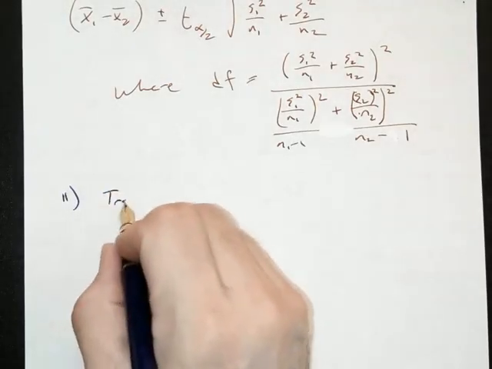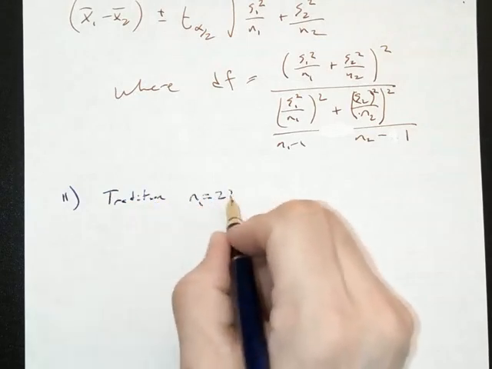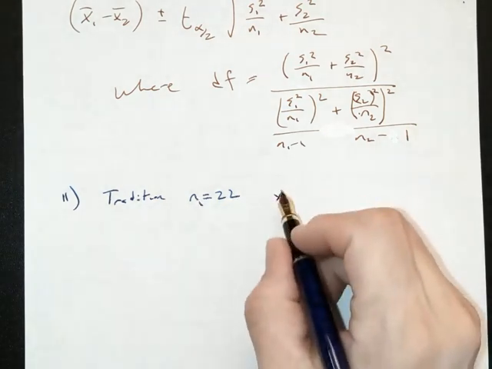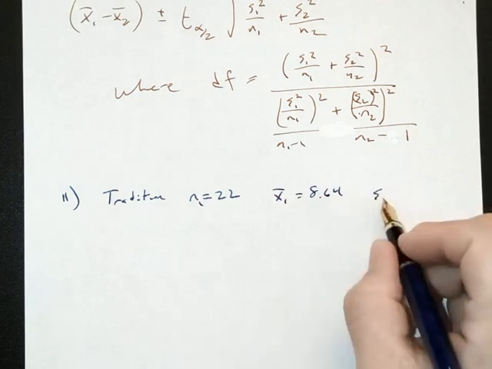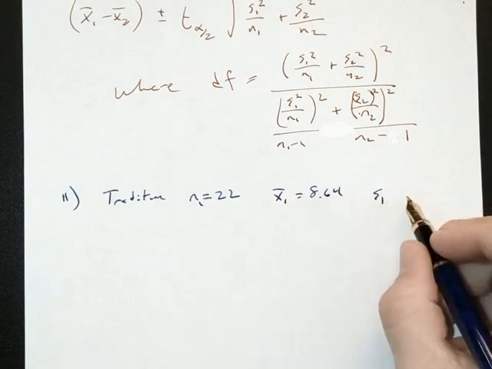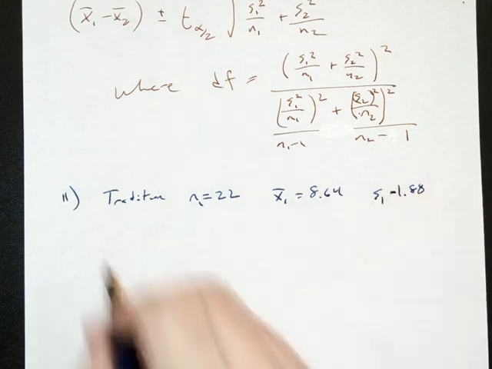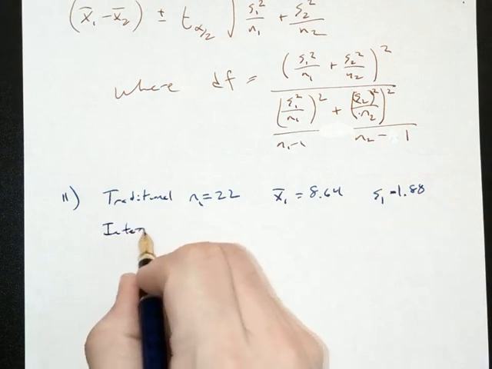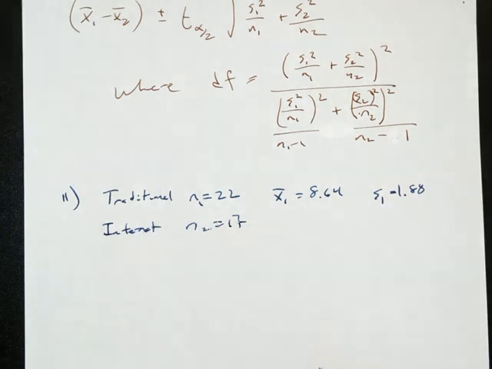In group 1, traditional, there were 22 students. They had an average post-test score of 8.64 with a standard deviation of 1.88. In the internet-based, there were 17 students.